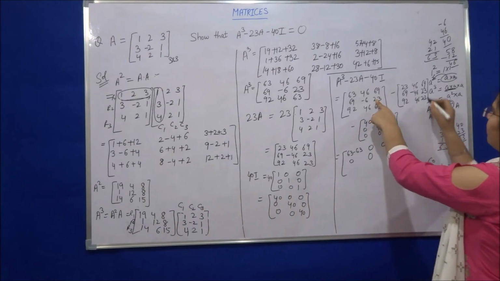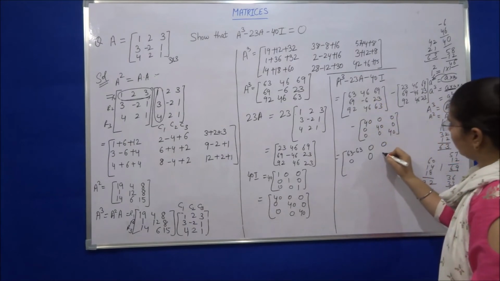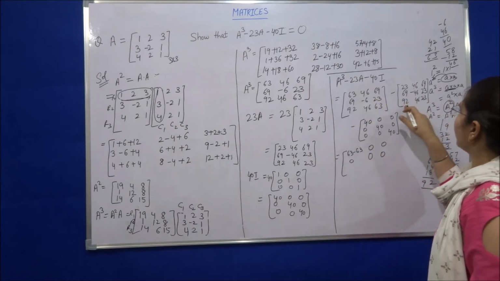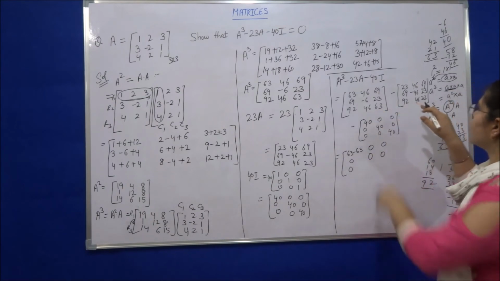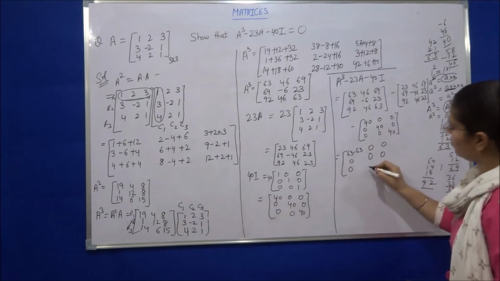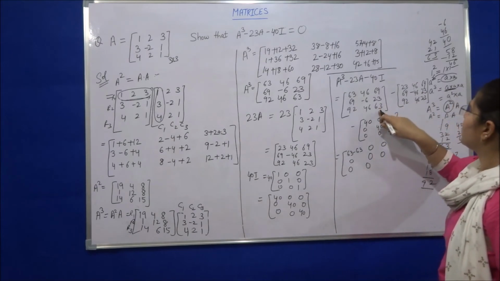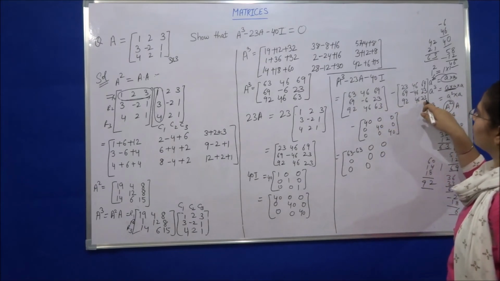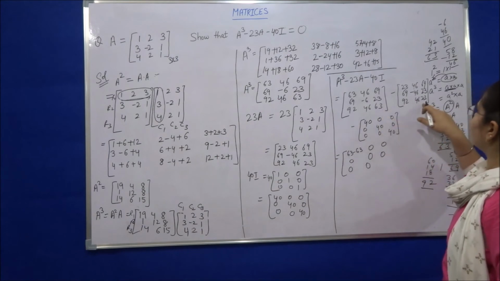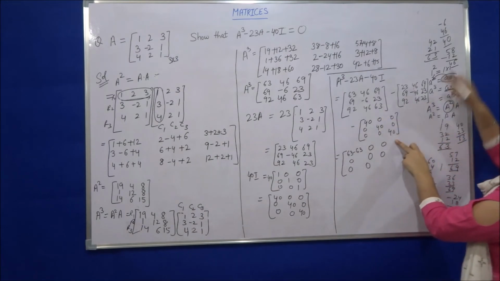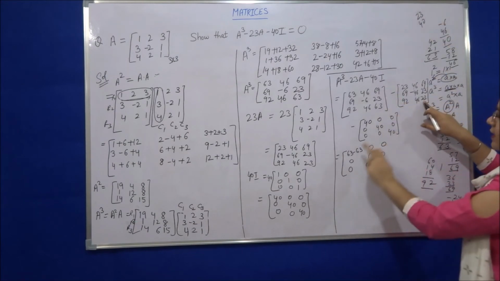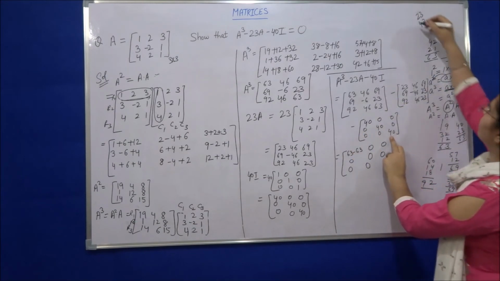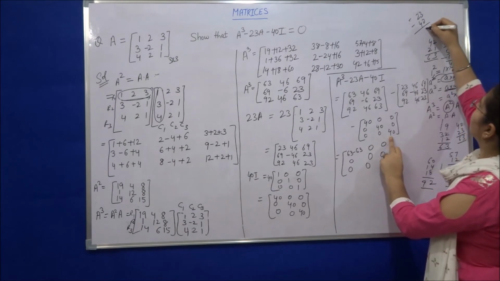Now 23 minus 23 minus 0, that will be 0. 92 minus 92 minus 0, that will be again 0. 46 minus 46 minus 0, that is 0. 63 minus 23 minus 40. Now 23 and 40, because it is negative and it is also negative, so negative negative will be add up.